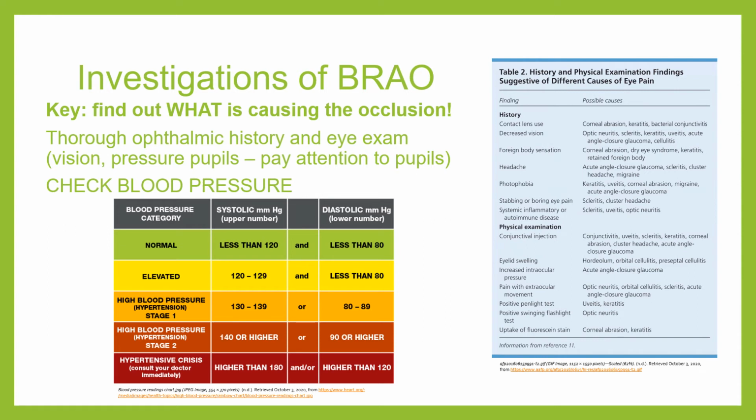And it will also be valuable to perform visual fields. We should also check for any history of arteriosclerosis, any family history of high cholesterol, history of fractures, and any scalp tenderness, temporal pain, and jaw claudication.